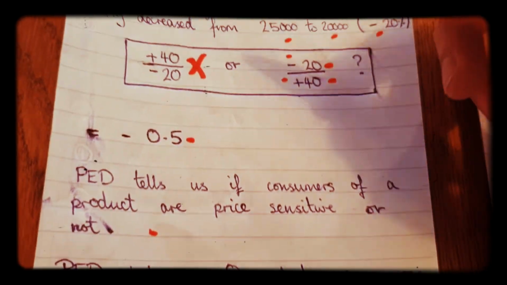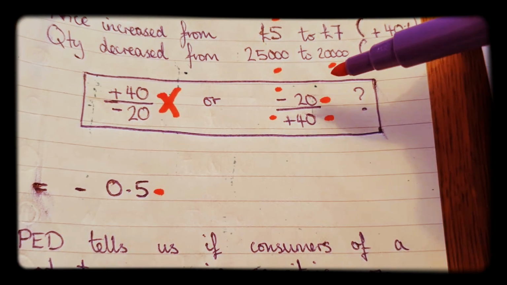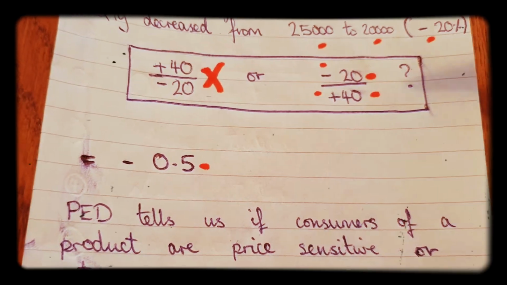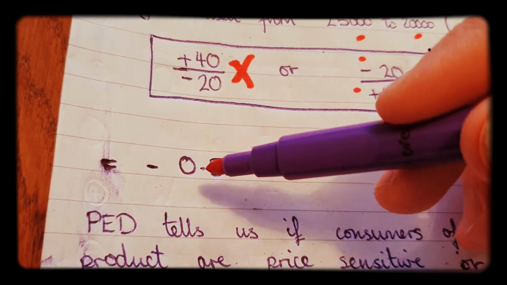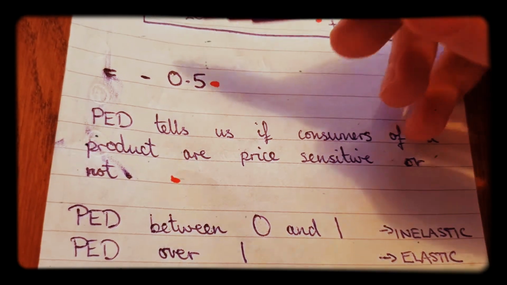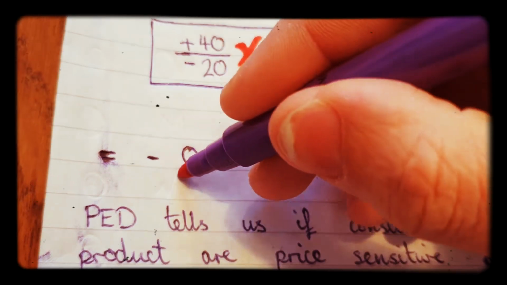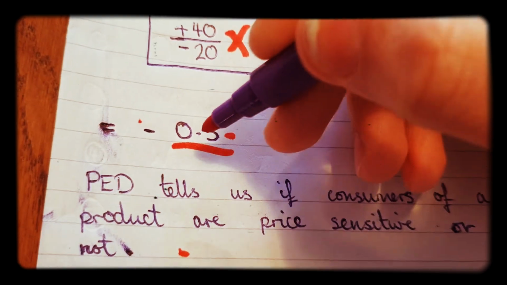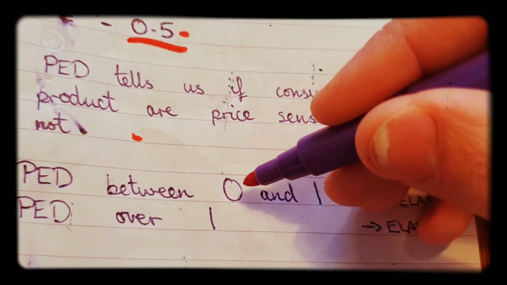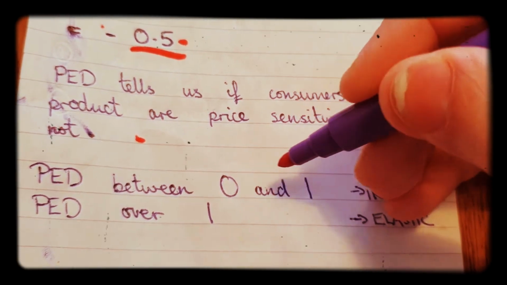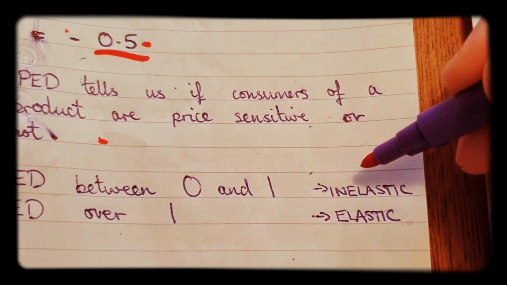So if we do a calculation up here and we come out with a number, so for example minus 0.5, the number, the absolute value not including the sign, is between 0 and 1. So if it's between 0 and 1, this is inelastic.